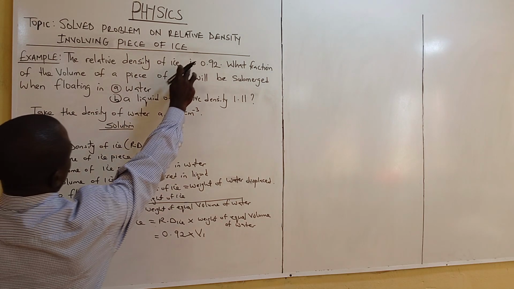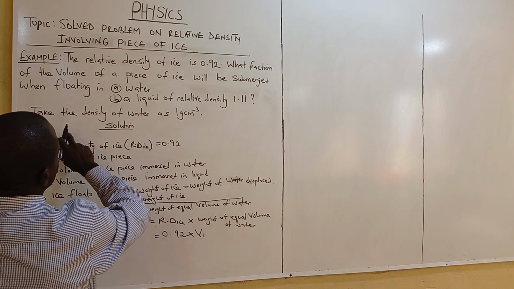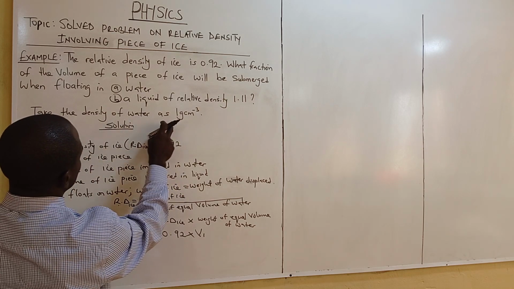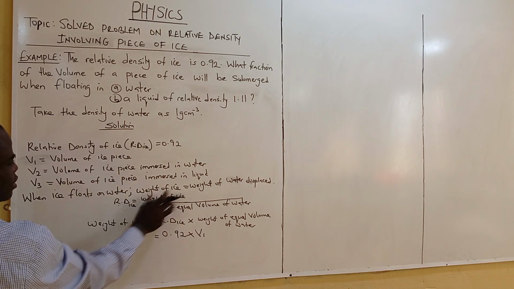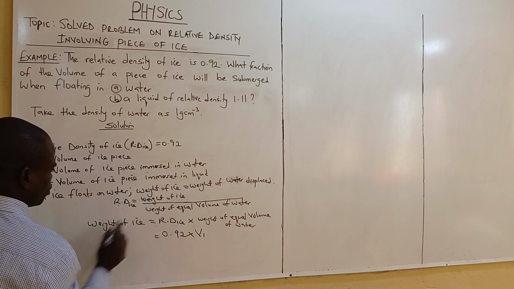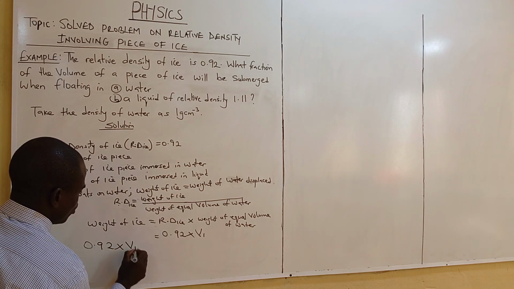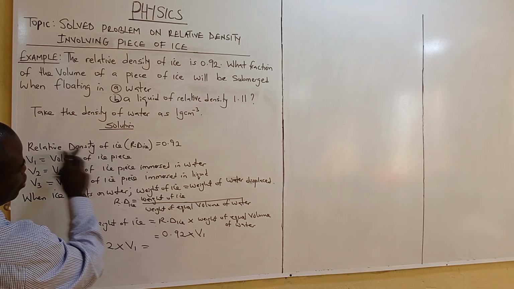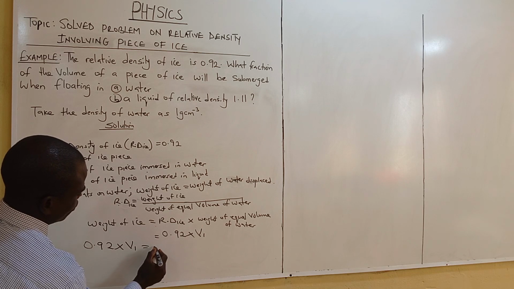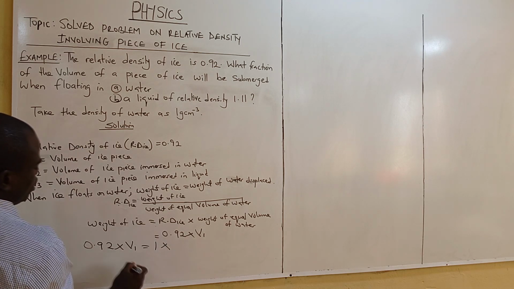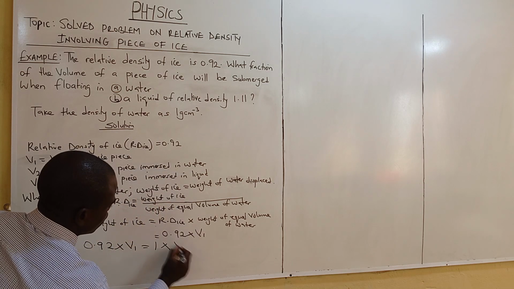Now since we are given that of ice, I will give you the relative density of the water. Take the density of water as this. Okay, we now go back and insert it into this expression. 0.92 times V1 equals that of water, which is 1 times V2, volume of ice immersed in water, V2.